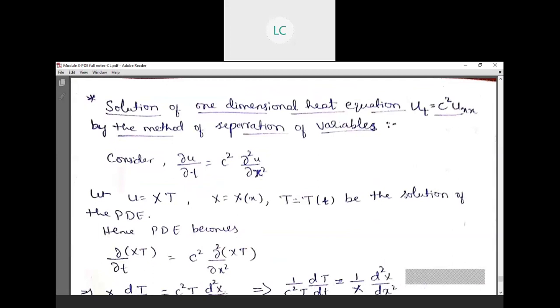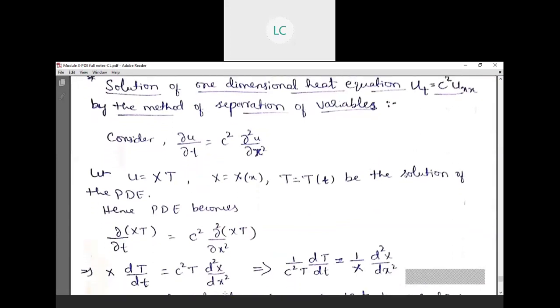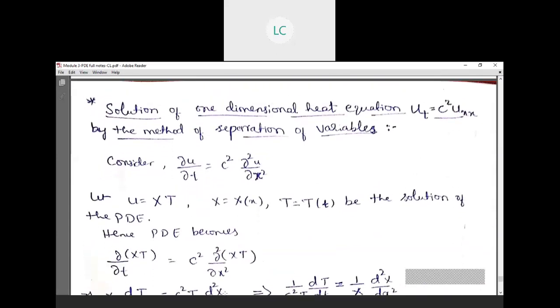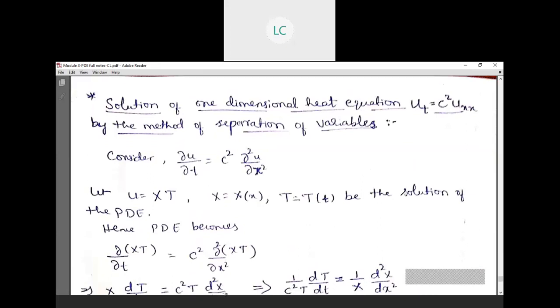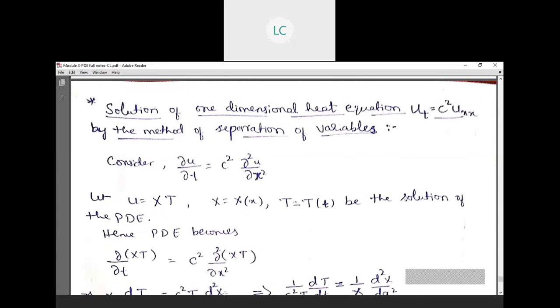Next we have the solution of the one-dimensional heat equation, using the separation of variables method. Finding the solution of the one-dimensional heat equation is the same as finding the solution of the one-dimensional wave equation. Both are the same, and I am going to apply the same concept here, but the equation is different.